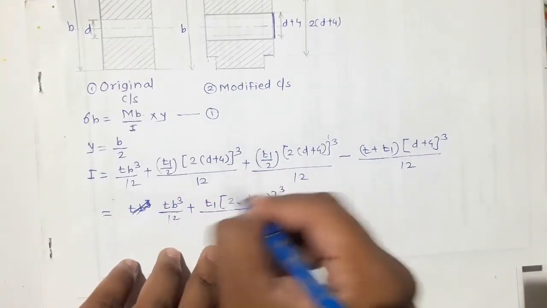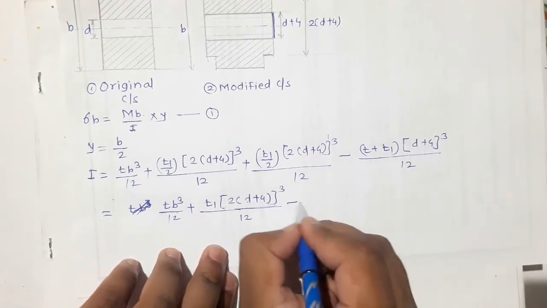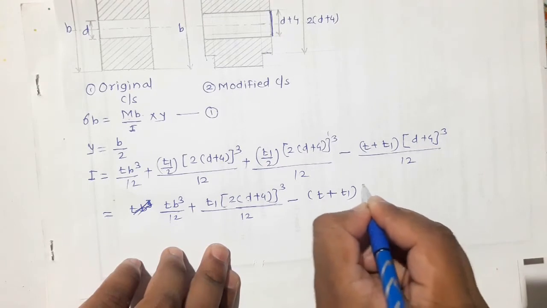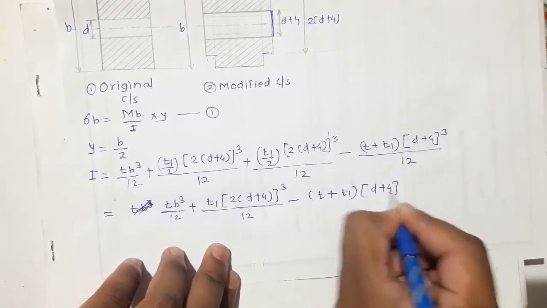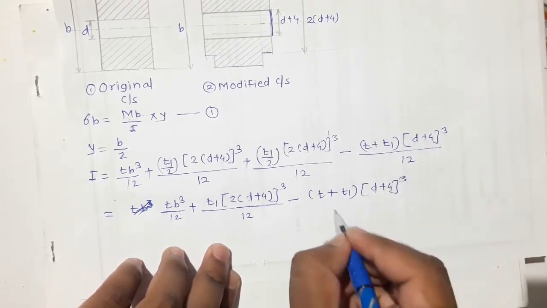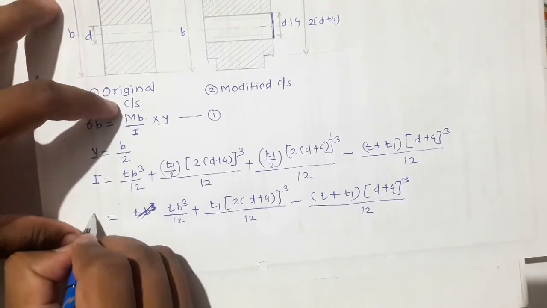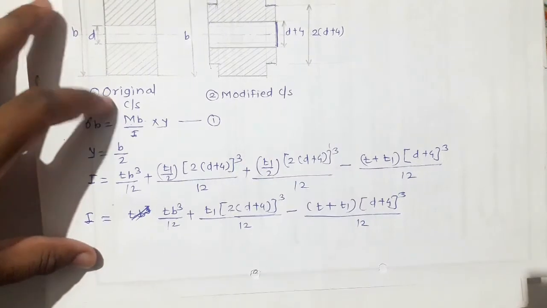So this term we have added, and minus this term as it is, T plus T1 into D plus 4 cube upon 12. So this is the moment of inertia for this modified cross section.